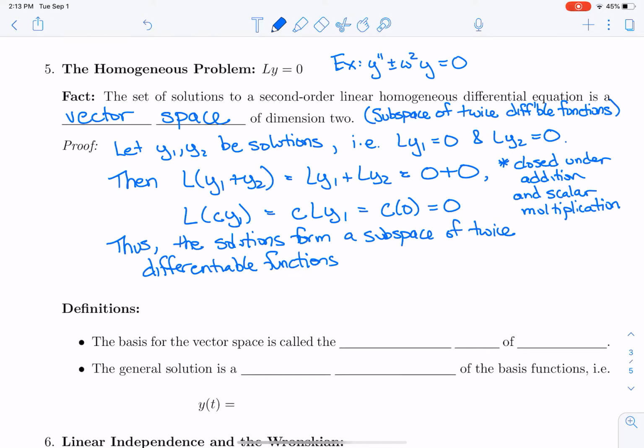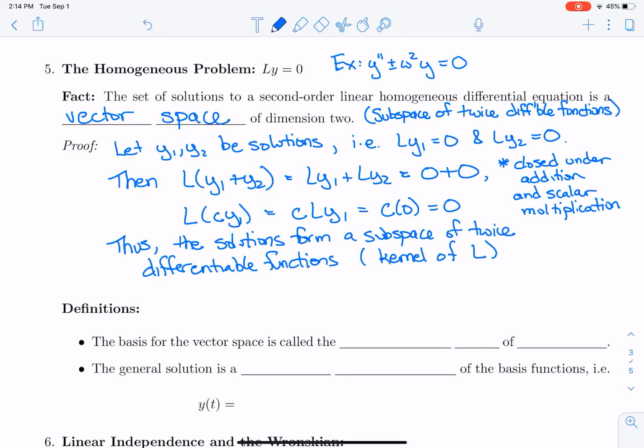Okay, what is this subspace? It's the kernel of L, or you can think about it as being the null space of that linear transformation.